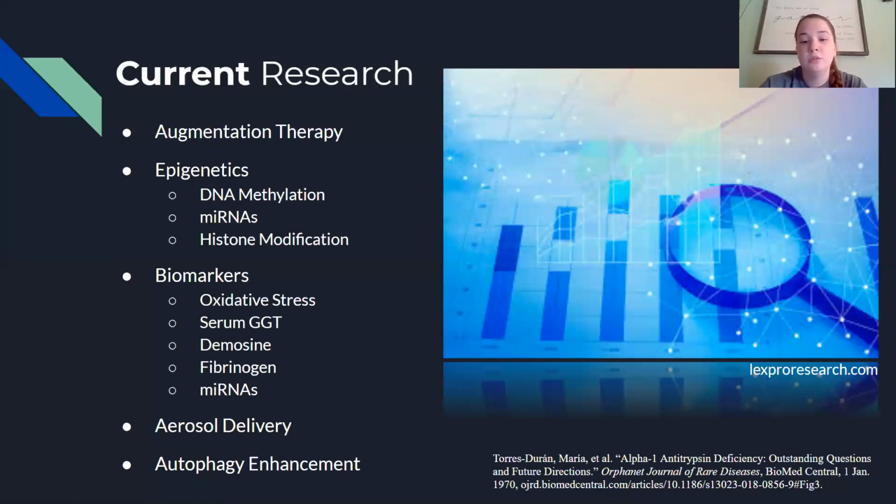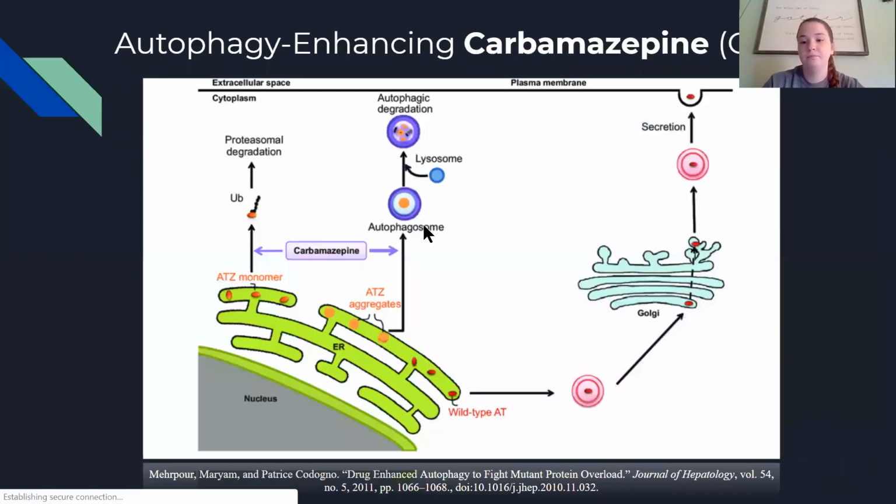These new strategies include new delivery strategies, the use of gene therapy, the use of autophagy enhancing drugs, and silencing RNA strategies. Aerosol delivery is being investigated as an alternative, more effective method to deliver AAT to the lungs, and autophagy enhancement as a therapeutic alternative to liver transplantation has attracted a lot of interest lately, which will be discussed next. Next slide.